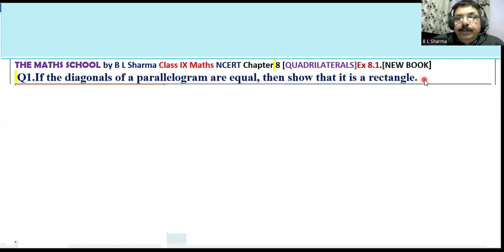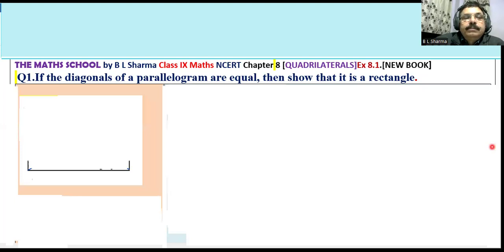What is a rectangle? A parallelogram with one angle 90 degrees, or a quadrilateral with all angles 90 degrees, is a rectangle. पहले हम इसको एक फिगर से विजुअलाइज करेंगे. We have to draw a figure for it. This is a parallelogram and its diagonals also.